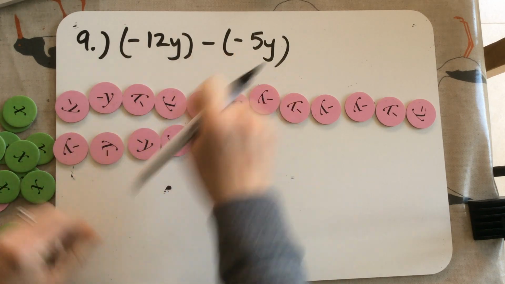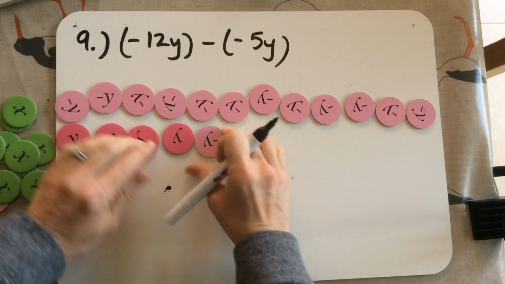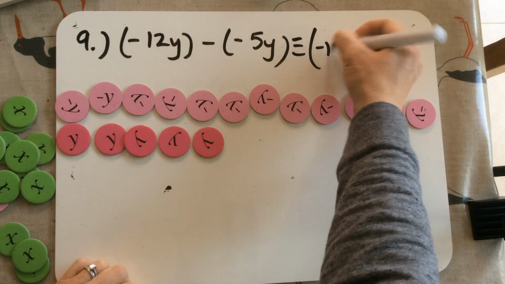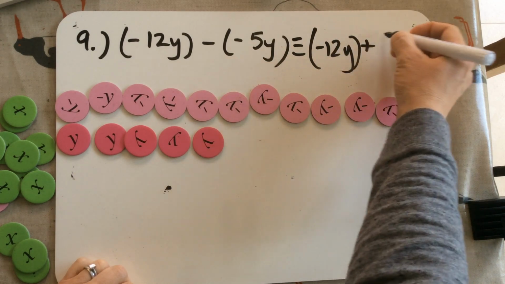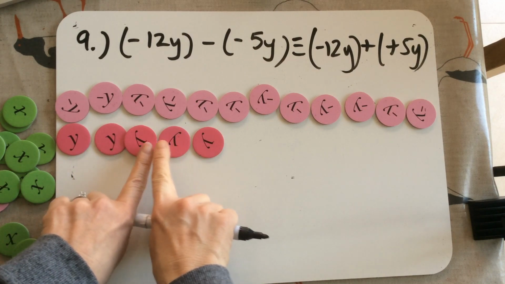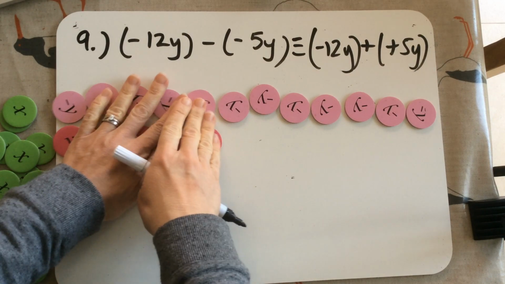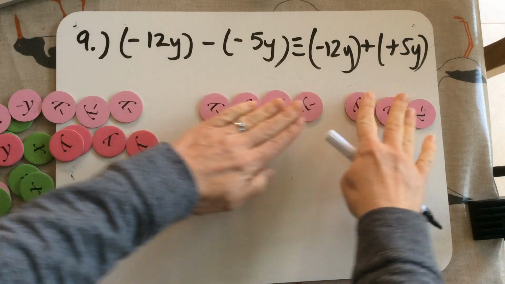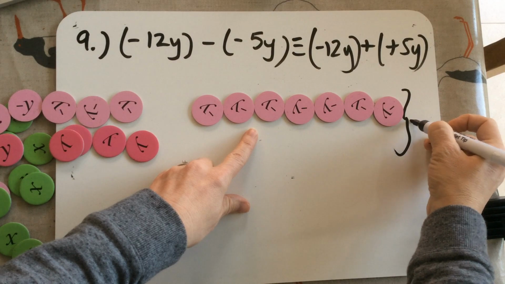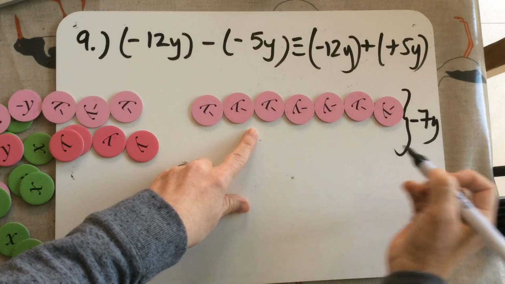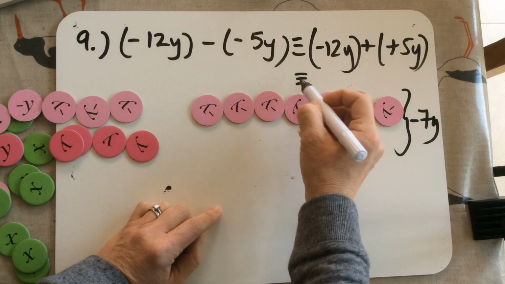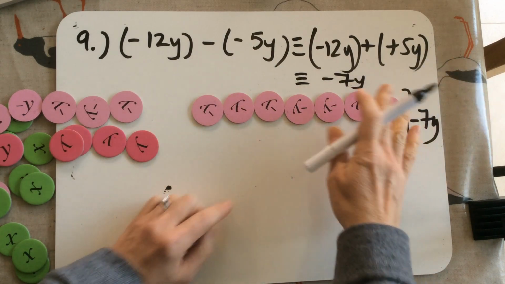A subtract changes the sign, so I'm going to flip. And then sum. So my alternative calculation is negative 12y add positive 5y. I can now look for my 0 pairs, and there are 5 of those. So that is all 0 there. And then sum what's left, and I've got a total of negative 7y. So negative 12y subtract negative 5y is identical to negative 7y.